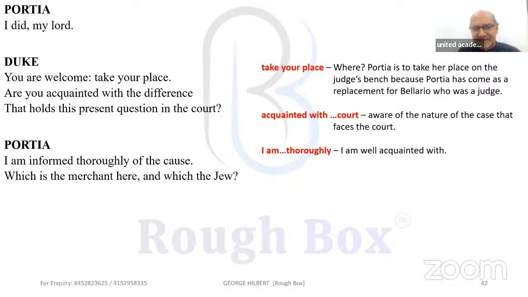Who is Shylock and who is Antonio? Okay, it's very weird for her to ask who is the merchant, because by that dressing only she should have been able to gauge. But doesn't matter. So, who is Shylock here and who's Antonio here?